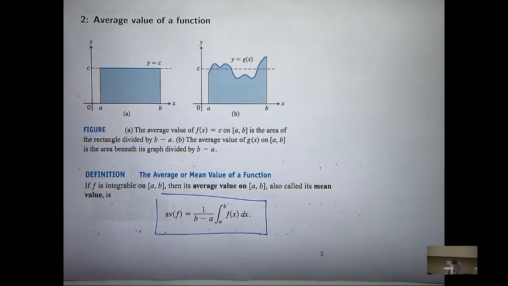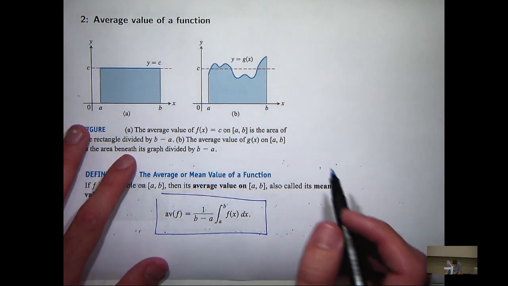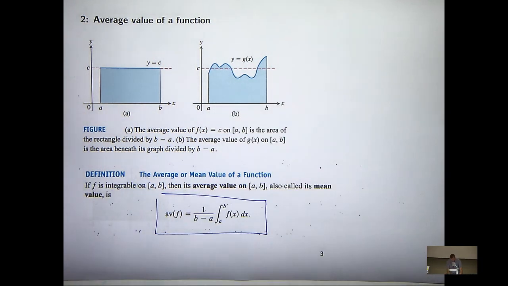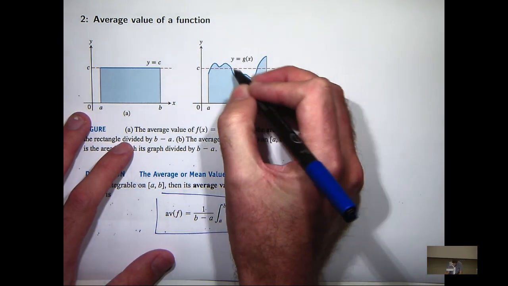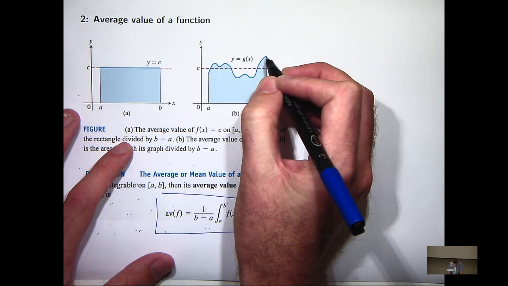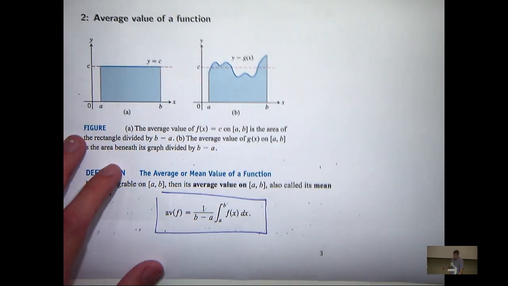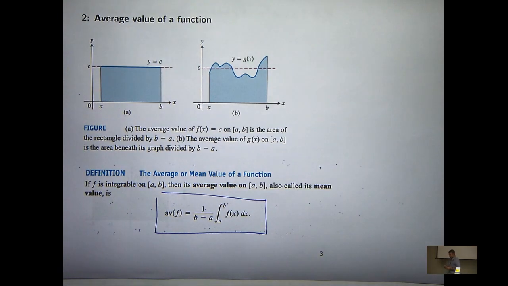Now, just geometrically, what does this thing represent? I'm going to give you a better picture in a minute, but think about it like this: here we've got a function g of x.